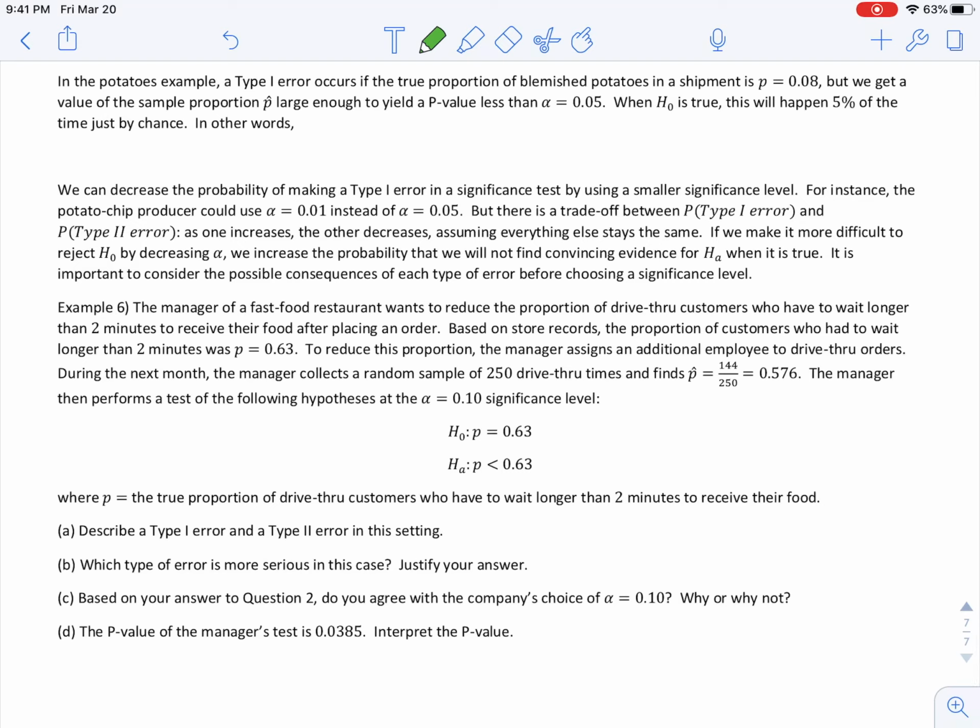So in that example, a type 1 error occurs if the true proportion of the blemished potatoes in the shipment is 0.08, but we get a value of the sample proportion large enough to yield a p-value that's really unlikely. So when the null hypothesis is true, this should happen 5% of the time just by chance.